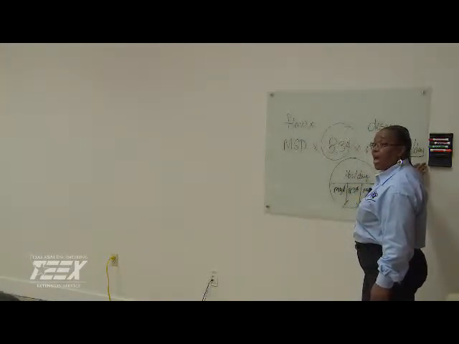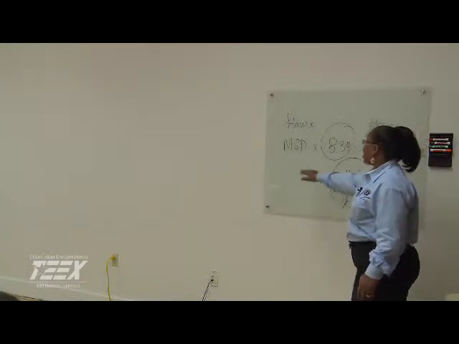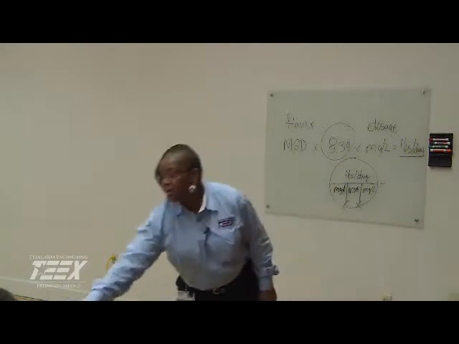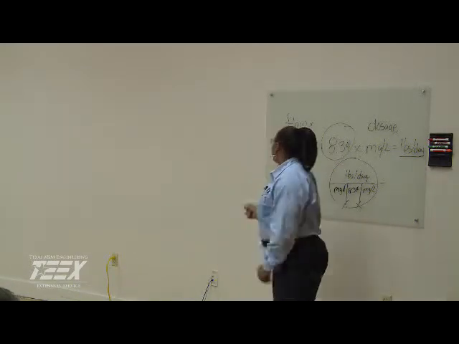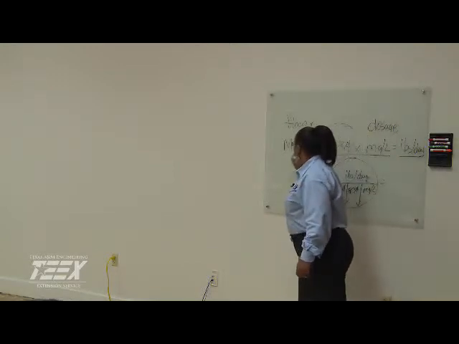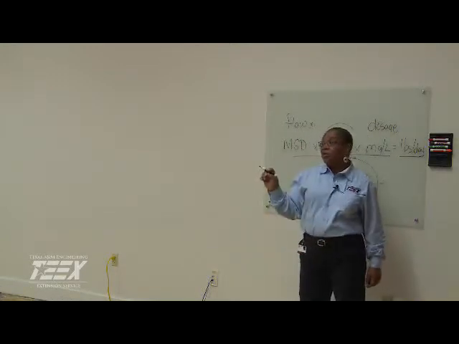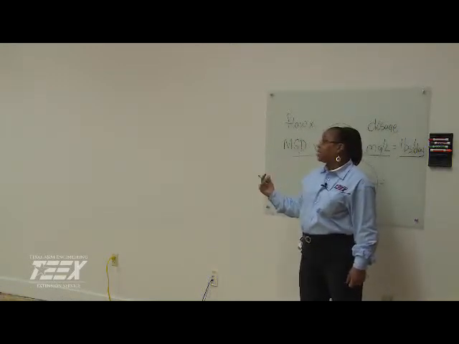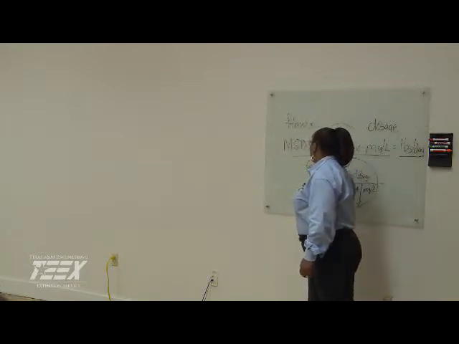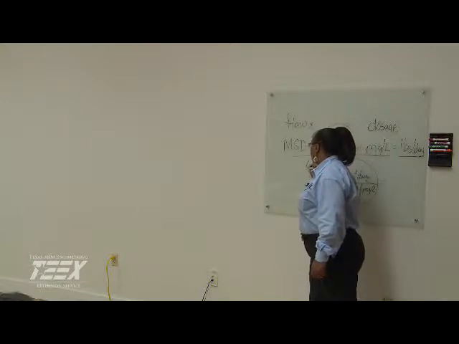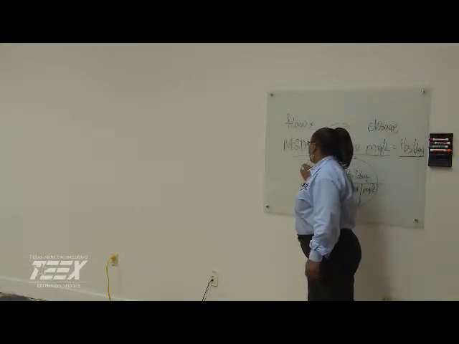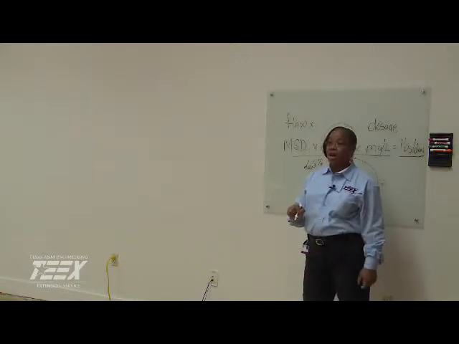It's not 100%, so I can still use the same formula, but now I'm dividing by the percent purity. So I still have MGD times 8.34 times milligrams per liter, and if we're dealing with 65%, remember we move it 2 places to the left in order to change it to a decimal, so we will divide it by 0.65.